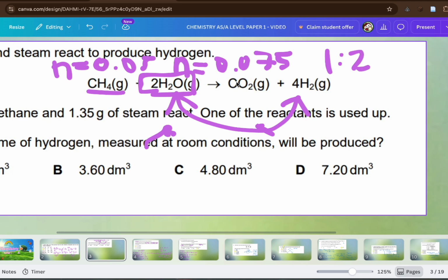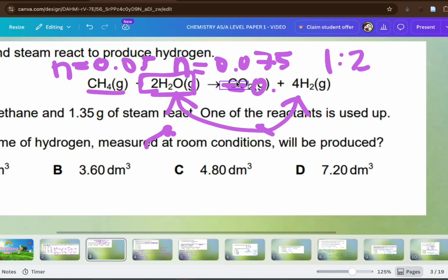So that means we have to multiply the mole of steam by 2 because of this ratio, which will be 0.15. Let's just write it here. So approximately the mole of hydrogen is 0.15 because it's twice as much as steam.